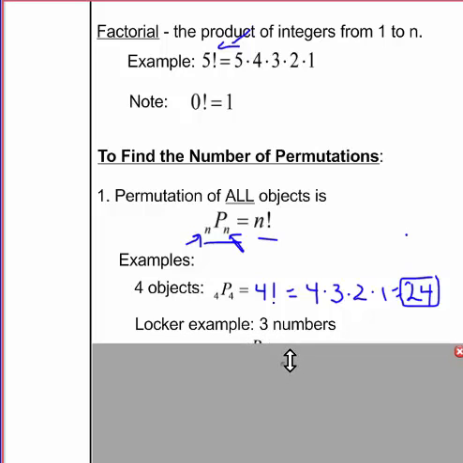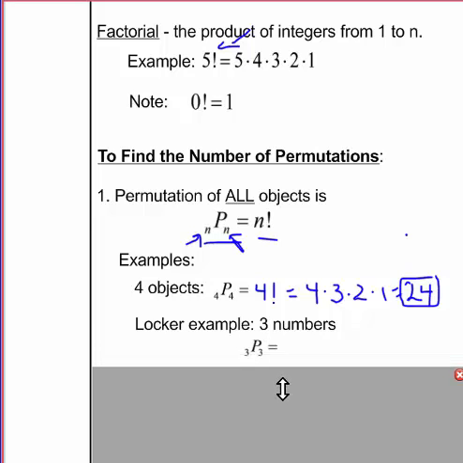Another example, a locker example. So typically for any locker combination, careful with the word combination, you'll learn more about that next time, there are 3 numbers, and to open the locker, the numbers have to be in a certain order. That's one of the key ideas with permutations, is that order does make a difference. So we have to make sure that we get those 3 numbers in the correct order.